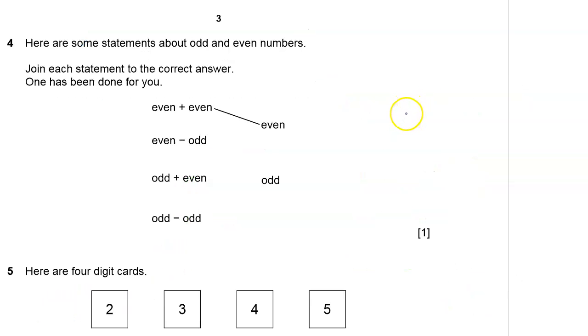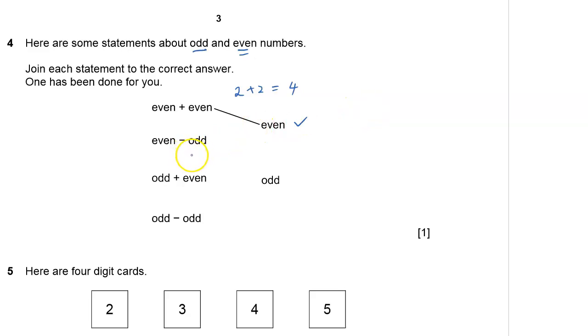Number 4. Here are some statements about odd and even numbers. Join each statement to the correct answer. One has been done for you. When you add two even numbers, e.g. 2 plus 2, you should get 4. 4 is an even number, correct?